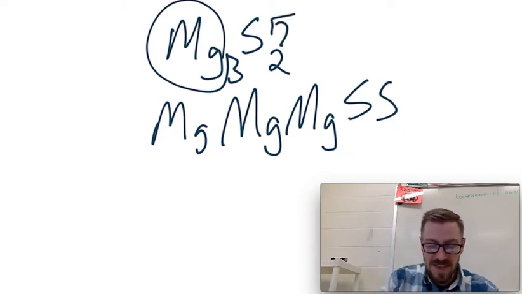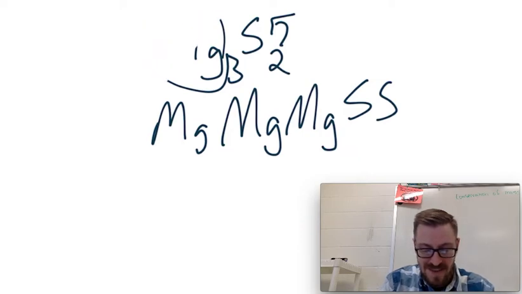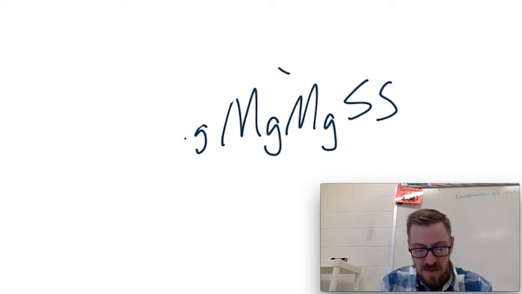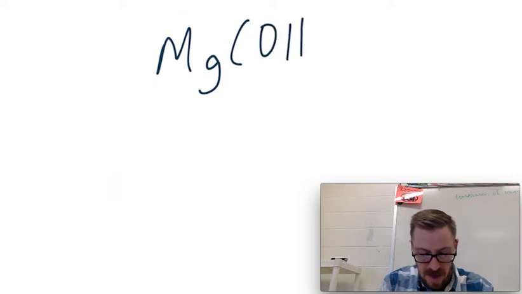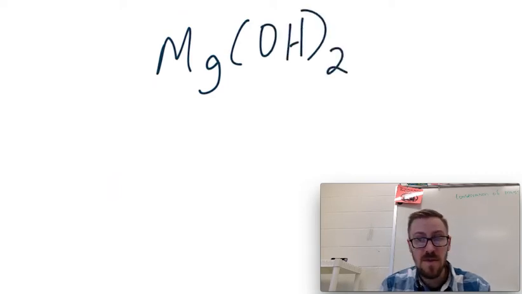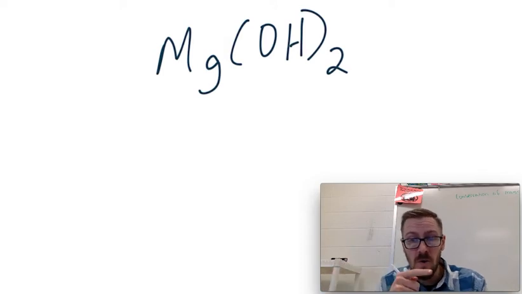The second rule is that sometimes you can involve parentheses. And so the subscript outside the parentheses goes with everything inside. So I'll give you another easy example here. Mg(OH)2. That 2 goes with the whole thing.